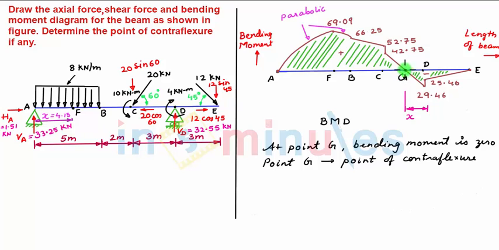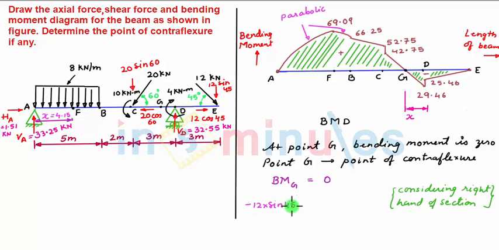Now since at point G the bending moment is 0, by writing the expression for bending moment at point G by considering the right hand side of section, we see that on the right hand side of point G, we have a clockwise moment caused due to this force which is acting at a distance of x plus 3 meter. So we have minus 12 into sine 45 multiplied by 3 plus this distance x as shown over here. So we have x plus 3.